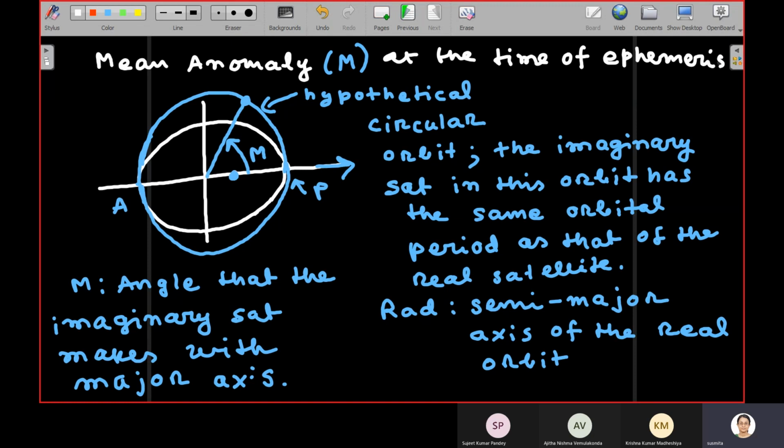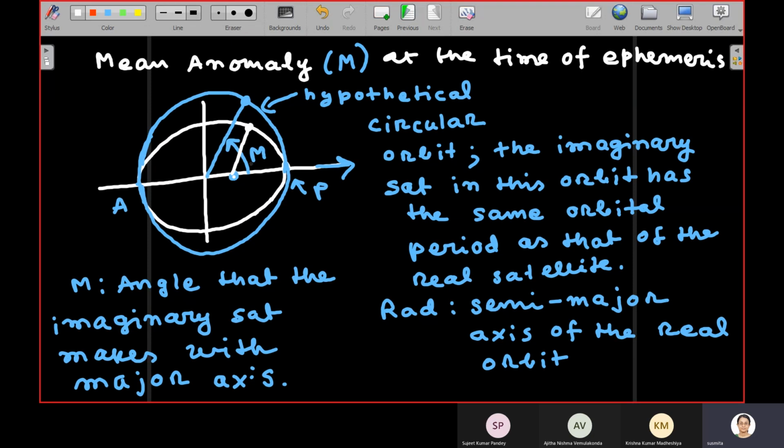Okay. How about the real satellite? Where is it? Let's say the satellite is somewhere here. Okay. And we join the satellite with the focus. Okay.